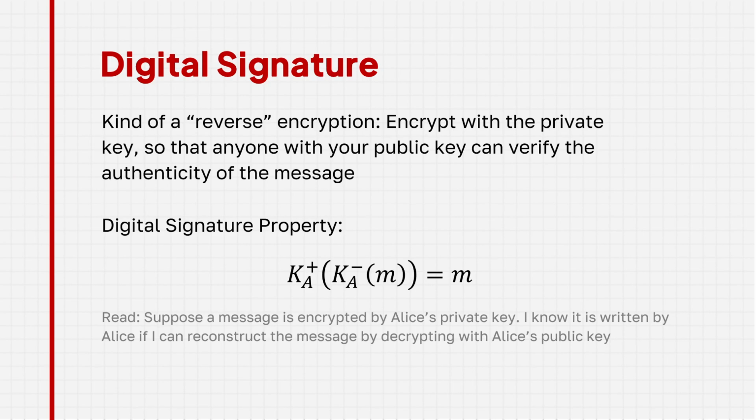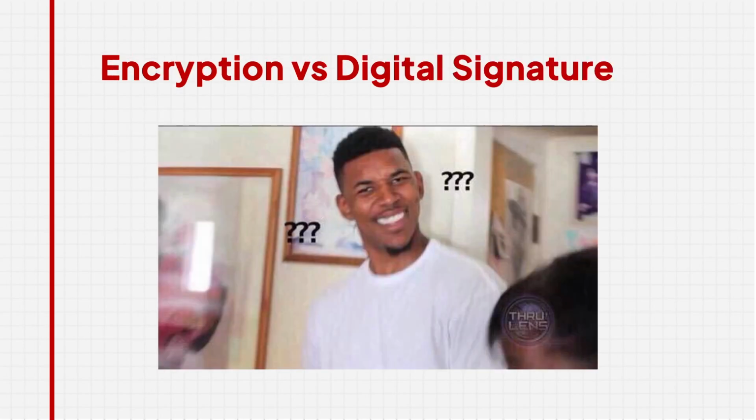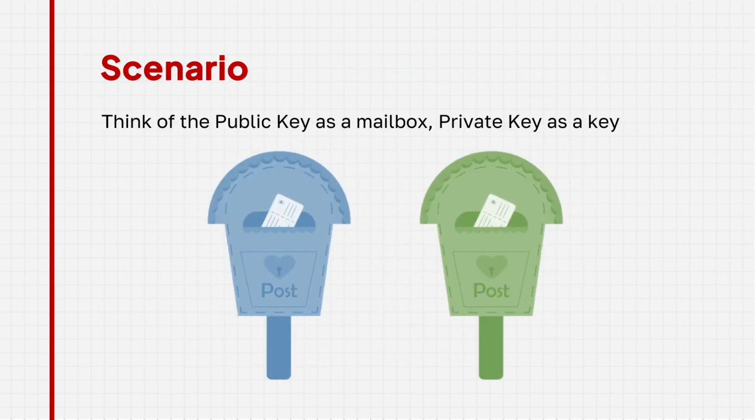Confusing? Okay, I think this is kind of a confusing part between encryption and digital signature. But let's try to imagine it this way. Suppose we have two items. Can I have a volunteer name? William. Okay.